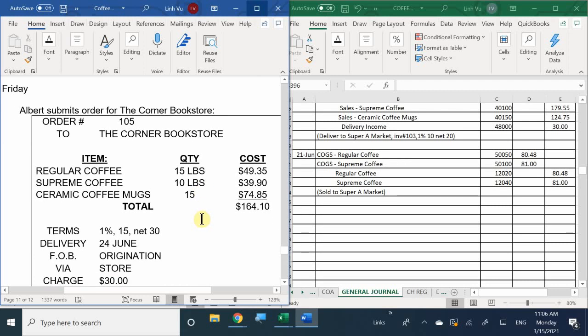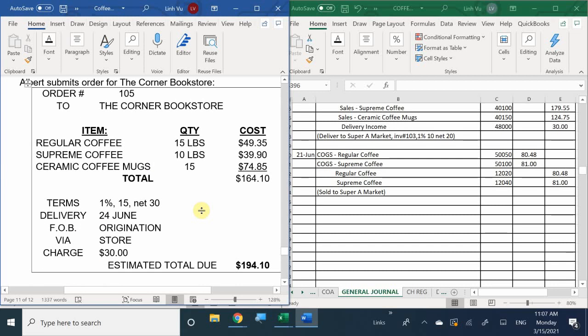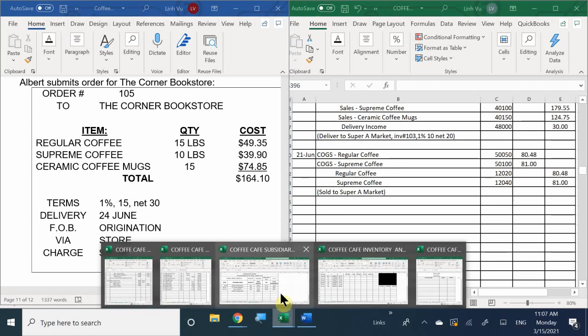All right, so we have another order from the corner bookstore. So they like our coffee. So this time, what are we going to do for this? When are we actually going to deliver this? June 24th. So where do we need to put this information? Sales orders, not commission subsidiary.